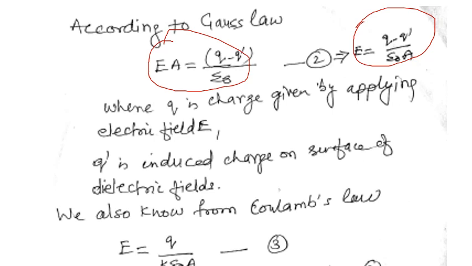Now we will equate this electric field to the electric field obtained by the Coulomb principle, that if the field is E0, and if we place the dielectric constant K, then the field will become E0 by K. So we have two relations and we will equate them.